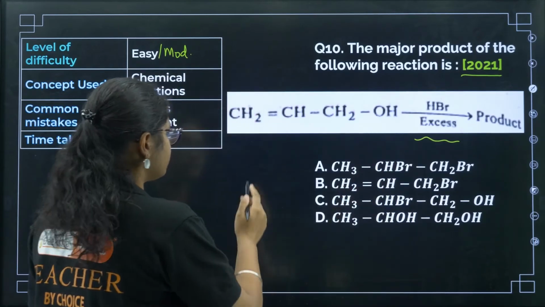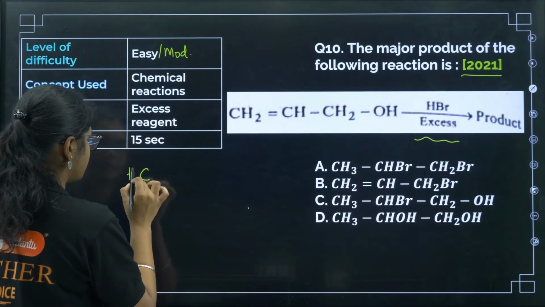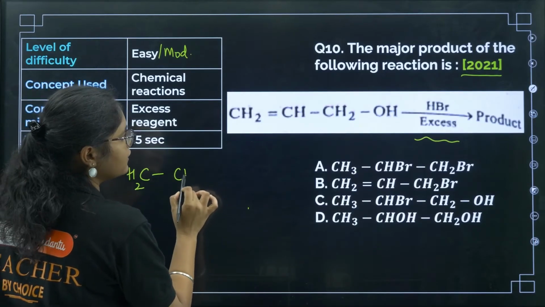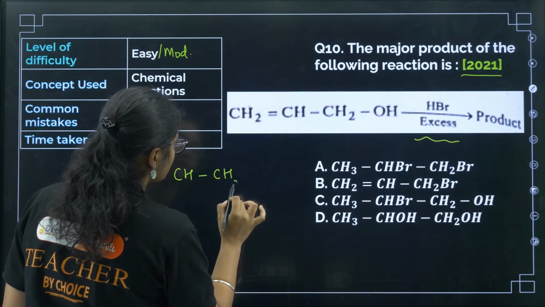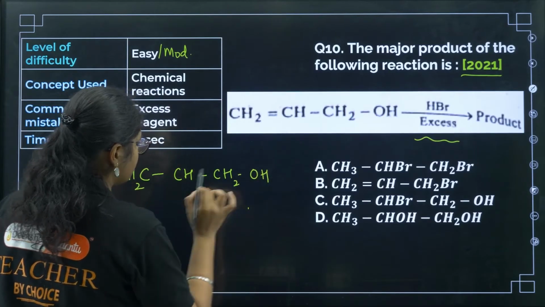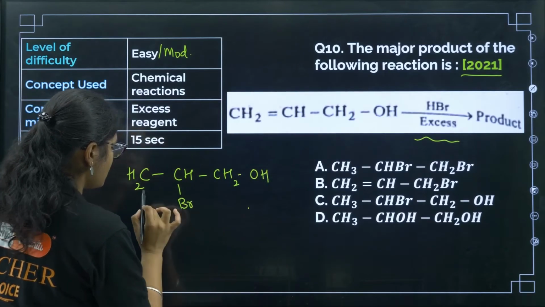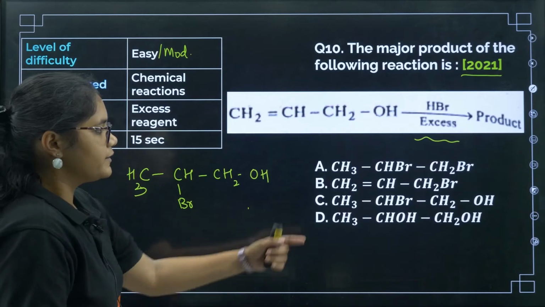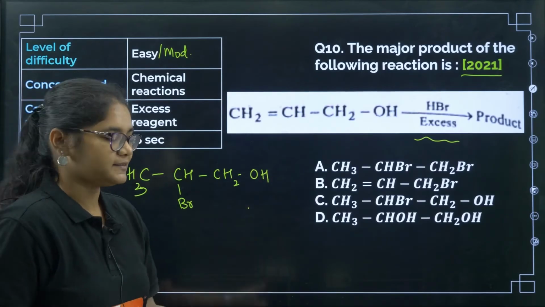So first of all, what will happen? HBr will be added to the ring following Markovnikov's rule, right? So Br will be attached here and H will be attached here. Now again, if you add HBr in excess, what will happen?